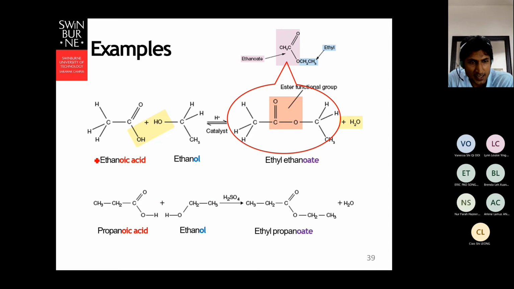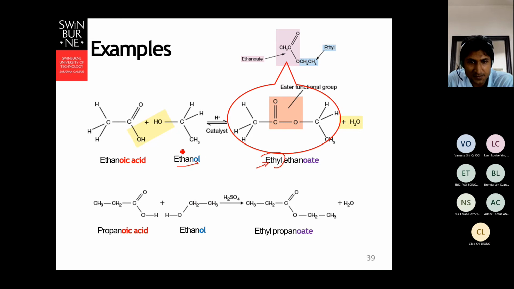For example, ethanoic acid, which is acetic acid, and ethanol. Both R are the same. So when ethanoic acid and ethanol react together, they produce ethyl ethanoate. Remember the name for an ester: the alcohol part comes at the beginning. It came from ethanol, so ethyl.